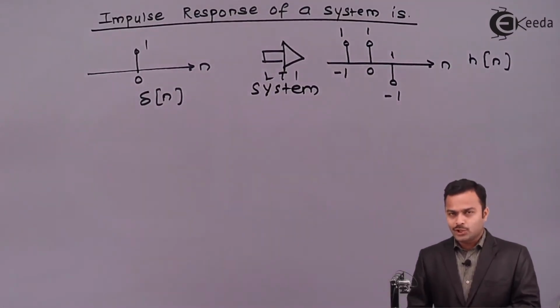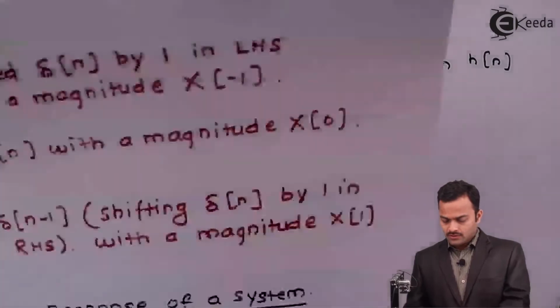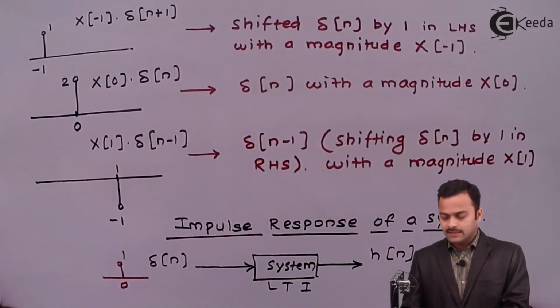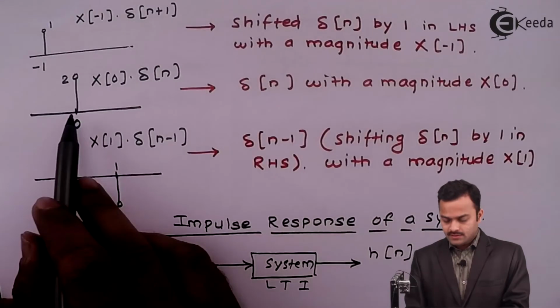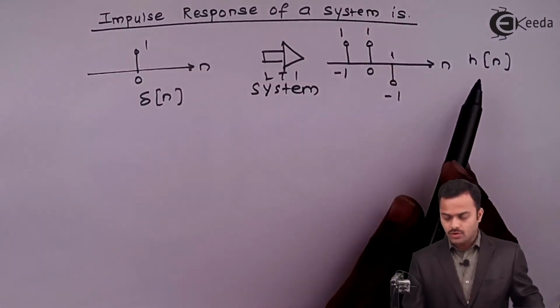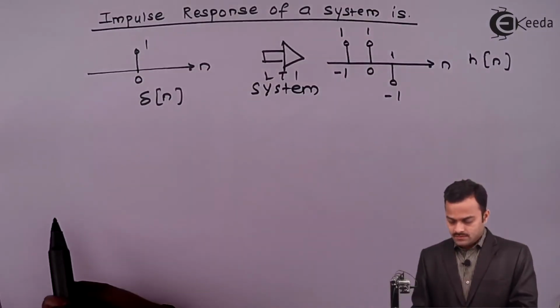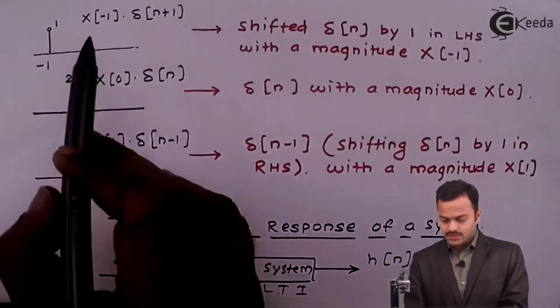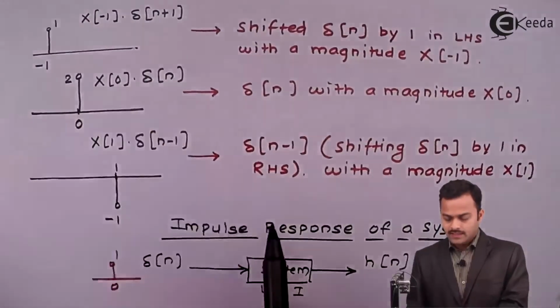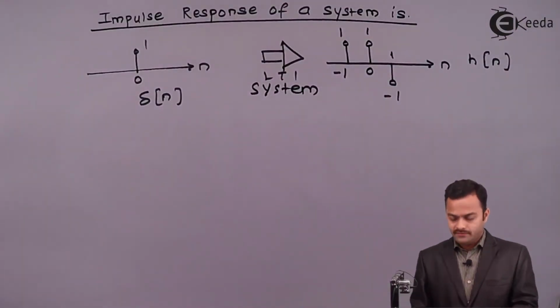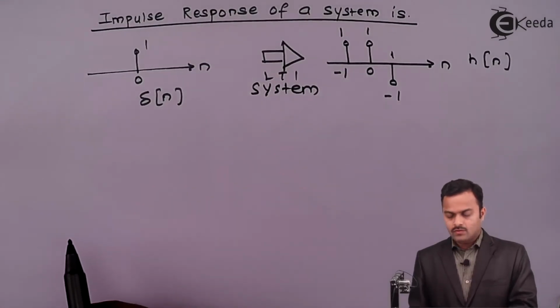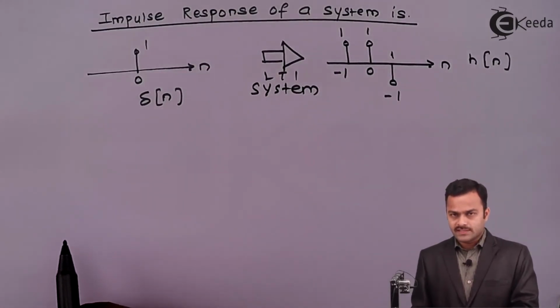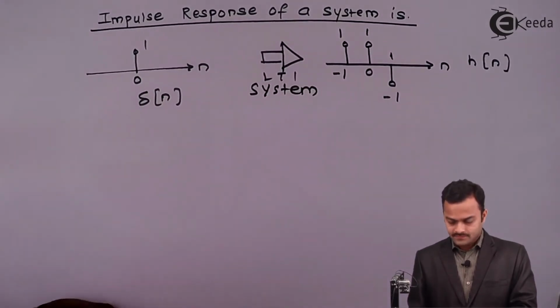Since this is given to the linear time invariant system, now we need to check, for a shifted and scaled impulse, what response we are obtaining. Meaning, suppose now the signal is like this, delta n plus 1 and the magnitude is x of -1. As per the property of linearity and time invariance, now I need to check what response we will get.